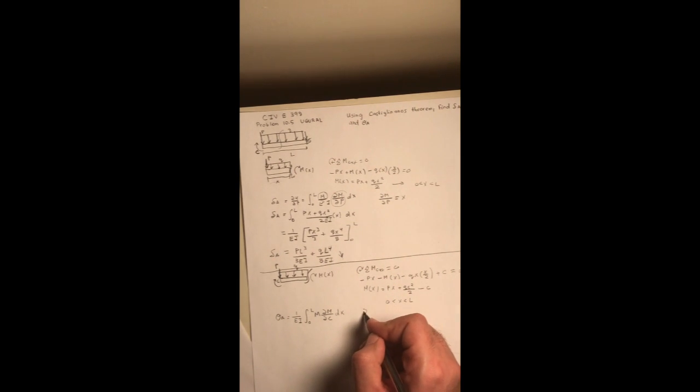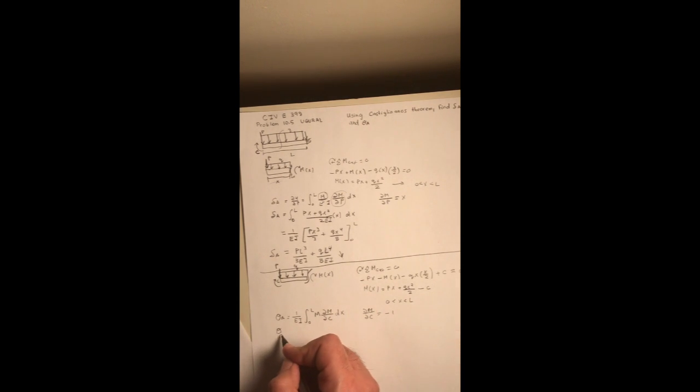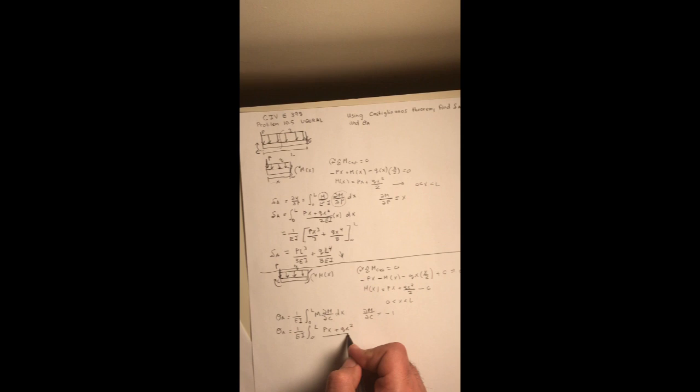So when we differentiate, we're going to get minus 1. So you can plug these values inside here. 1 over EI from 0 to L of Px plus qx squared over 2 minus C times negative 1 dx.